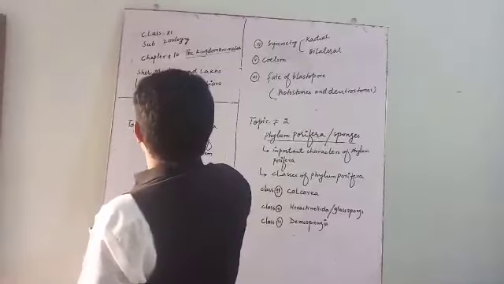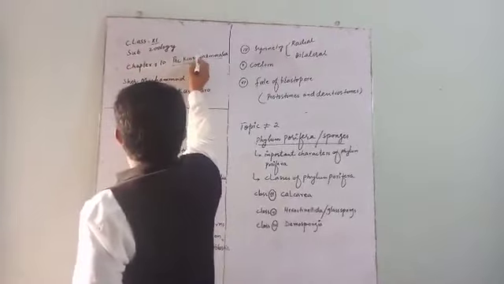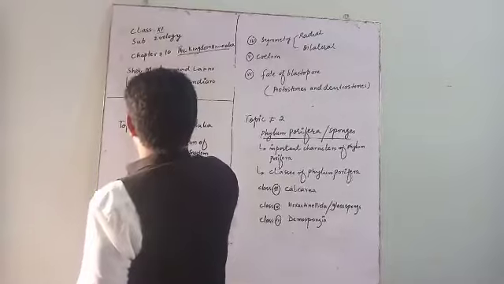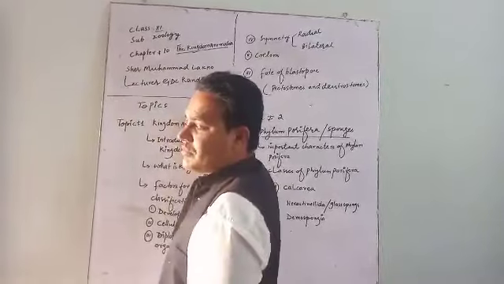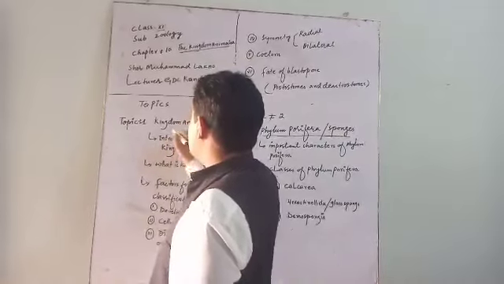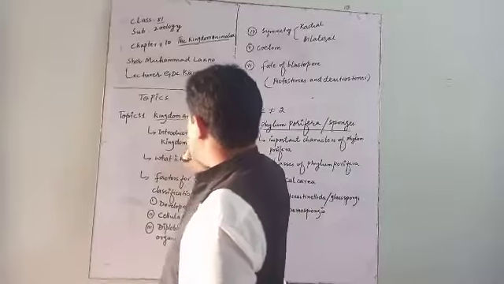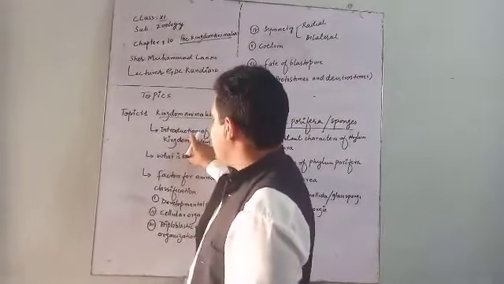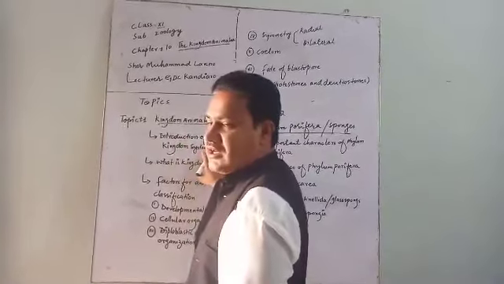Class first year. The topic is kingdom Animalia. I have selected two topics. One topic is kingdom Animalia. In this topic, we will discuss the introduction of the kingdom system in the living system.